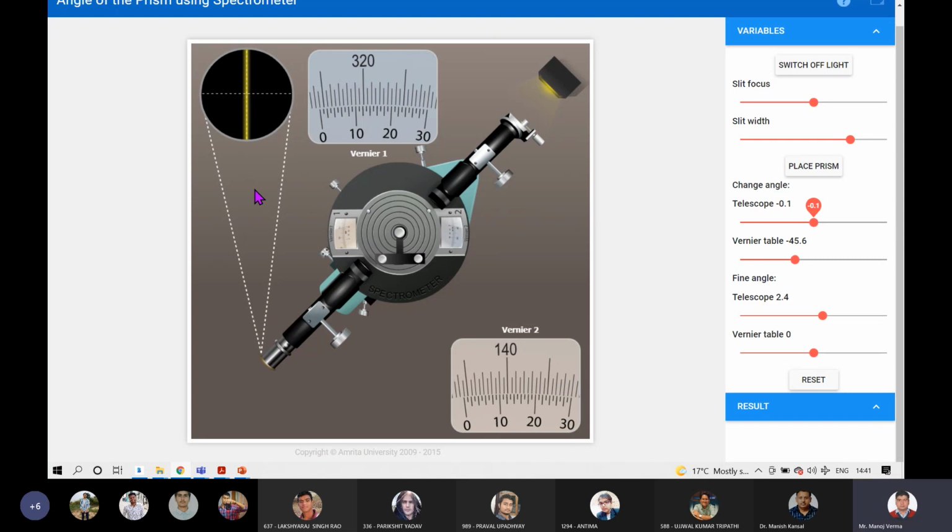Now is the time you can take your observation, because now the slit is perfectly placed at the cross wire. You can take the observations on the scales now, right? Can you give me one observation from this scale?